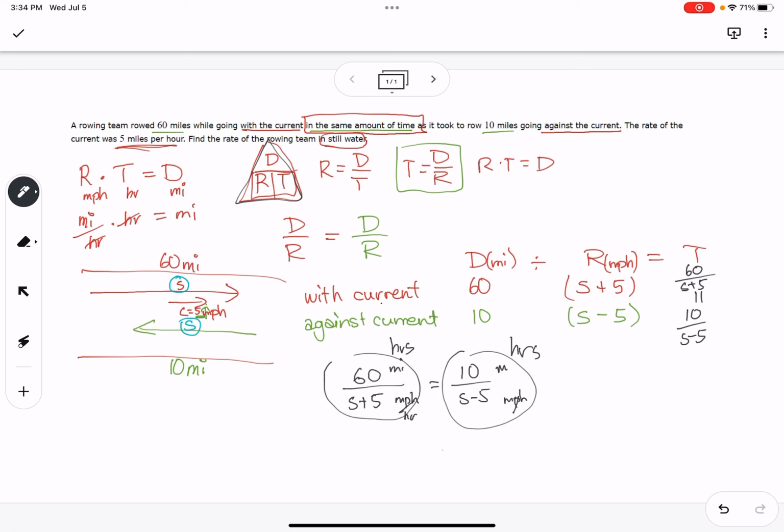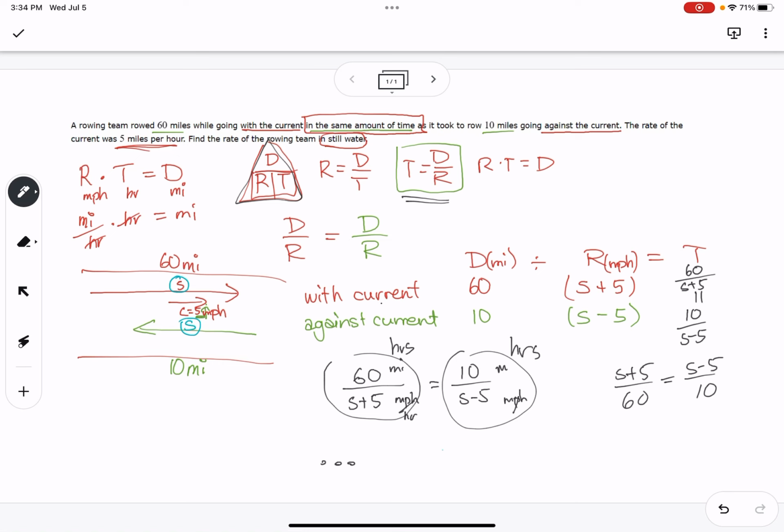I will let you continue this on to solve the equation, but this is one way we could set it up. Now, some people might set it up as s plus 5 over 60 equals s minus 5 over 10. That could work. There are probably other ways of getting there, but this is one that relates directly to the rate time distance relationship.